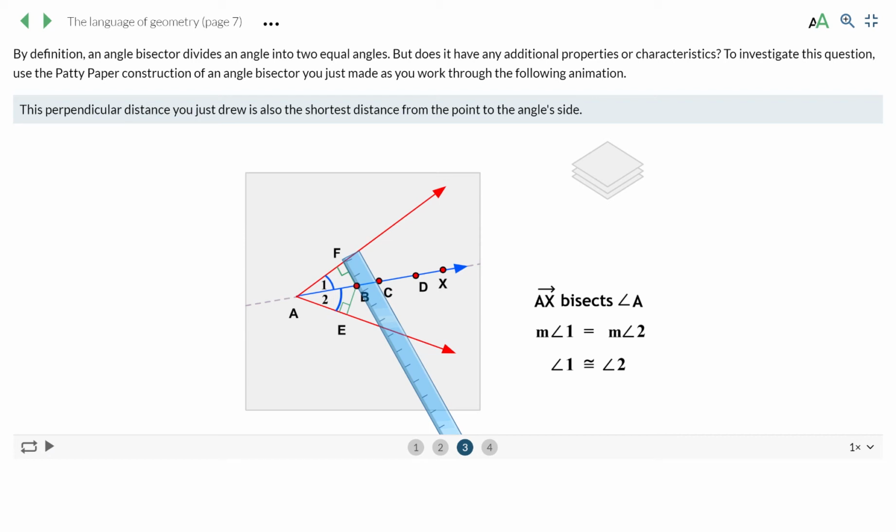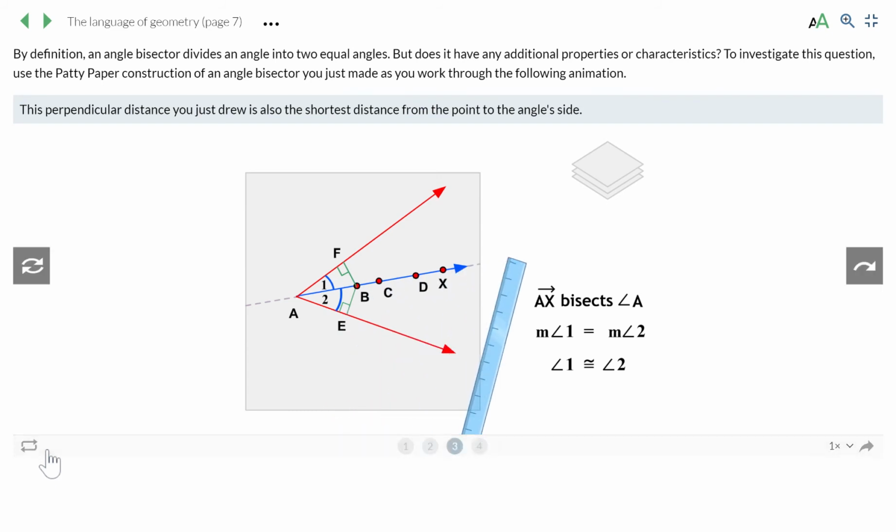We'll just say that these are inches, so it will be roughly about 1.5 inches. And then they're going to measure segment BE. And what do you notice? It's that same exact distance.